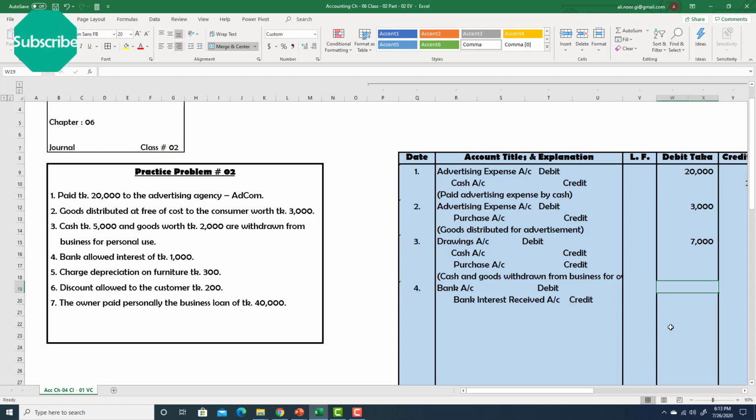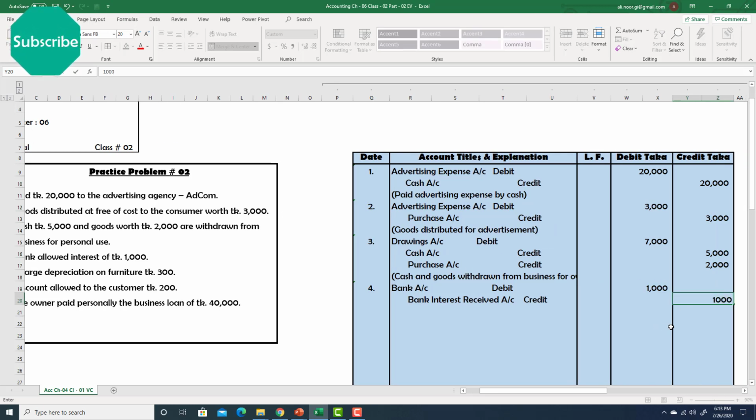So I debited the bank account, and being a revenue account, I credited bank interest received. So right here 1000 debit and credit 1000. Bank interest received, done.